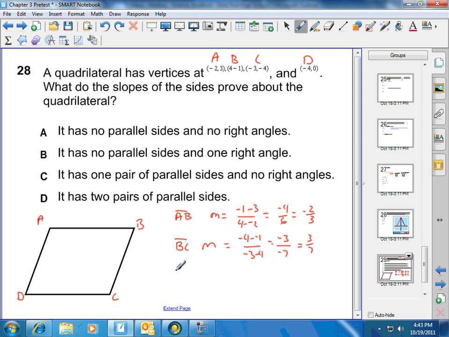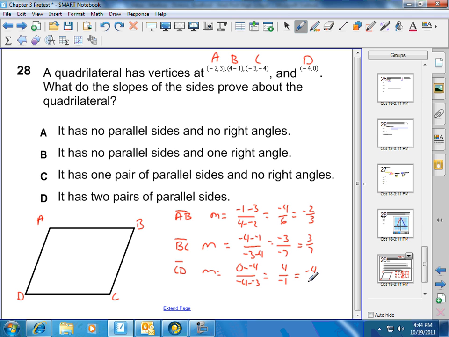And then let's do segment CD. For CD, I'm going to do 0 minus -4 over -4 minus -3. 0 minus -4 is 4. I got -4 plus 3, which is a -1. So I've got a -4 for the slope of CD.